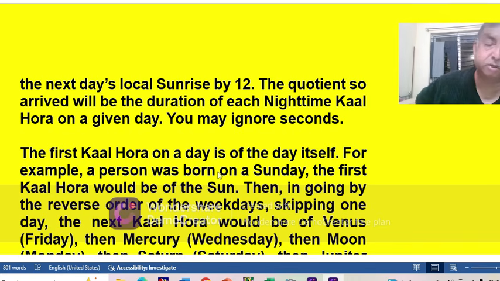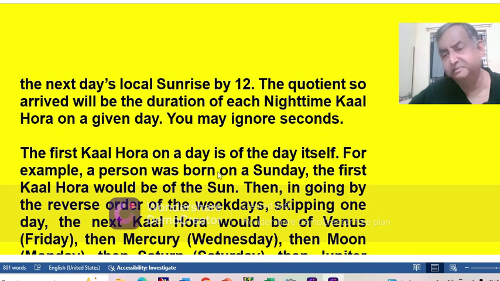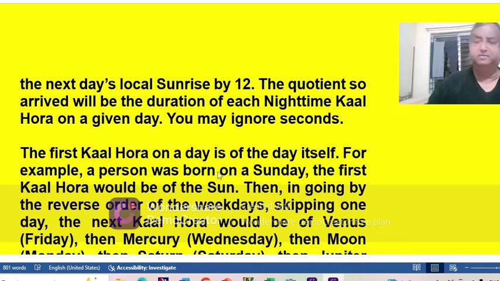The quotient so arrived will be the duration of each nighttime Kaal Hora on a given day. You may ignore seconds. It will not be difficult for you to learn if you want to learn Kaal Hora sincerely, because the narration is in the video itself. You can visit the video twice, thrice, 4 times, 100 times and learn it.